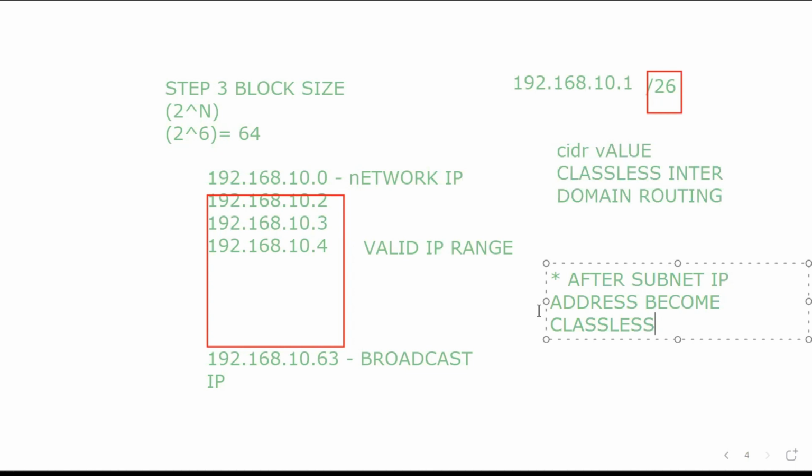Then let me give you the live example. Windows R, ncpa.cpl. Go to any network properties. Then go to IPv4. Let me put the value 192.168.10.1.